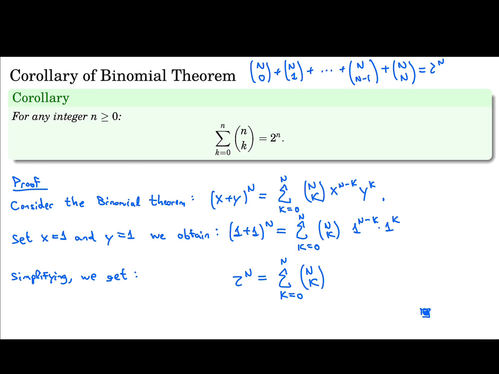Now let's show a different kind of proof that can also be quite enlightening many times, because it shows what this means in terms of counting. So let's see why this identity makes sense from a counting point of view. And this will be called the combinatorial proof.